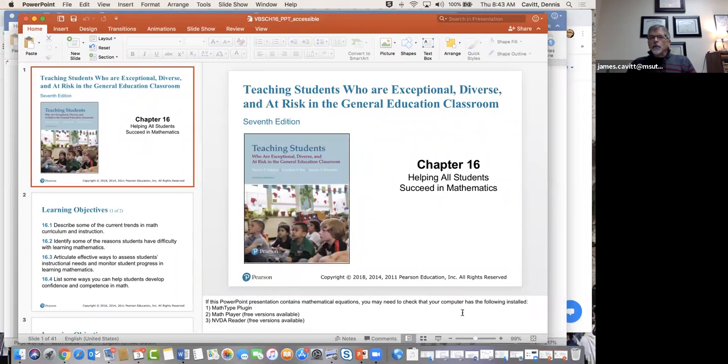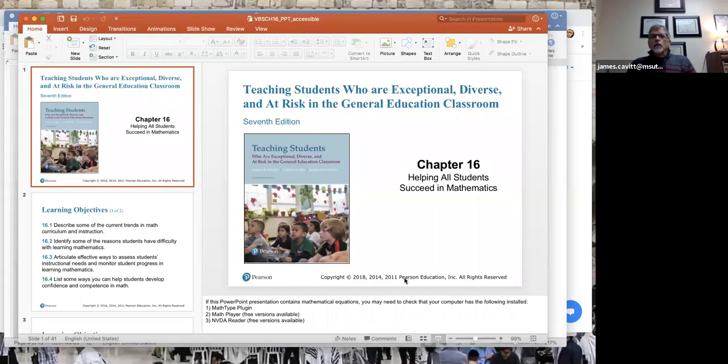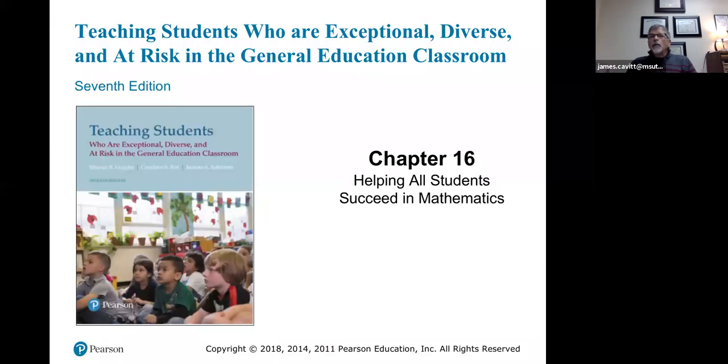All right, helping students succeed in math. Here's an interesting thing. I want us to think about this. Math is visually mediated, whereas writing and reading are auditory and visually mediated. So math is more a visual process.